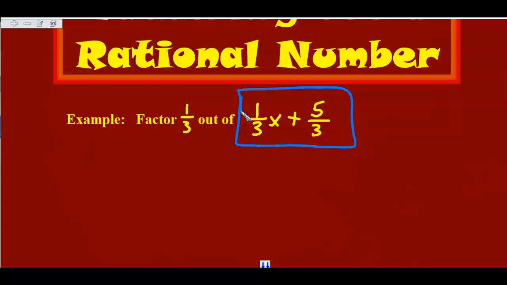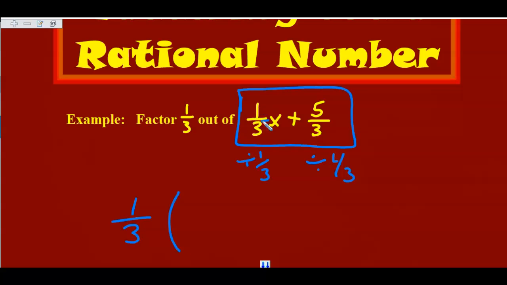Okay? So we're taking 1/3 x, dividing that by 1/3. We're taking 5/3 and dividing it by 1/3. We're pulling out that 1/3 product or factor, okay? And we're identifying what's remaining or what's left in that problem after we do that.